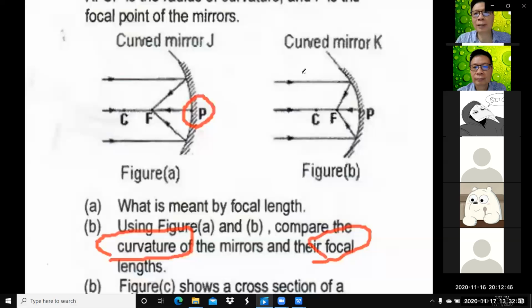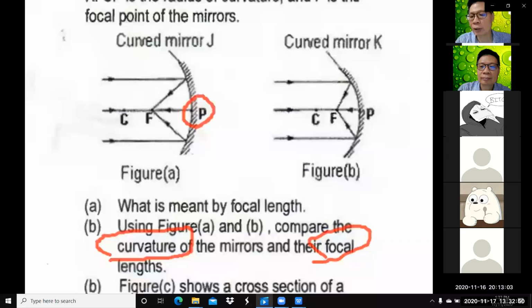The more the mirror curves, what happened?